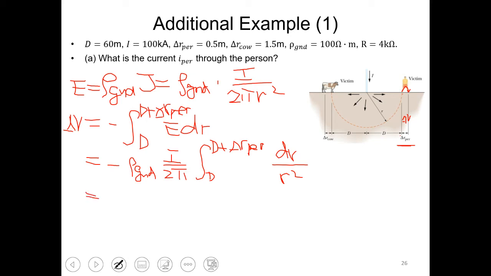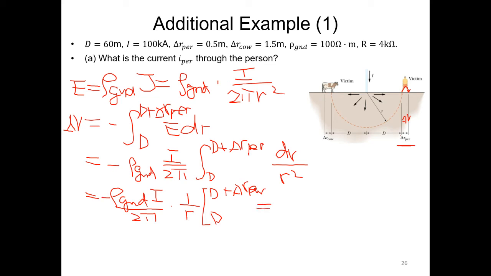It is nothing but rho ground I over 2 pi, times 1 over r, evaluated from d to d plus delta r_p, with a minus sign.